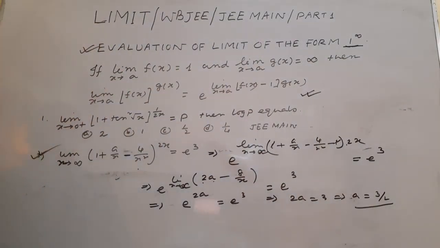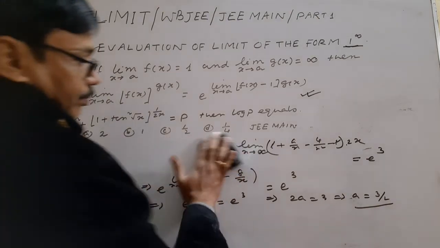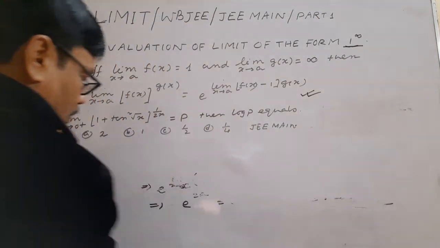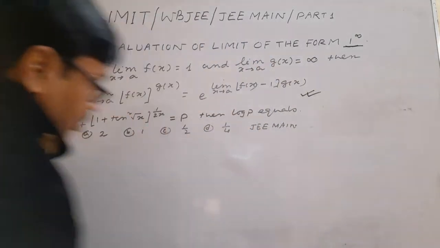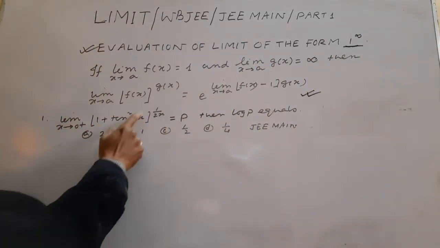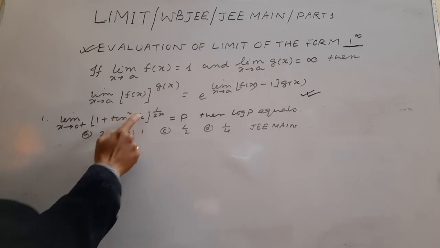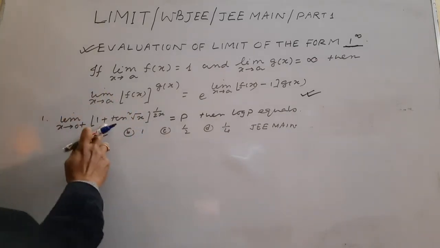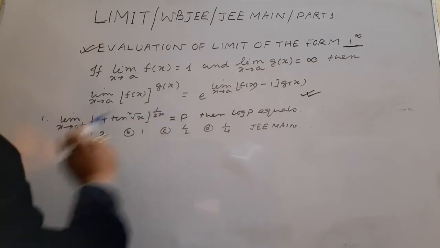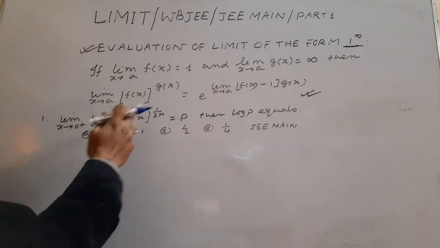Now problem number 1. So x tends to 0 plus. Why 0 plus? Because for 0 minus this is not defined. So if x is 0 plus, this is 1, this is infinity. So what is p?